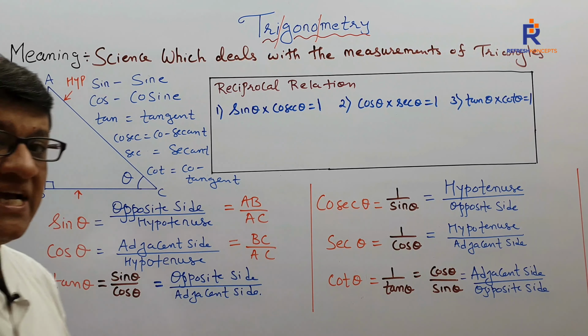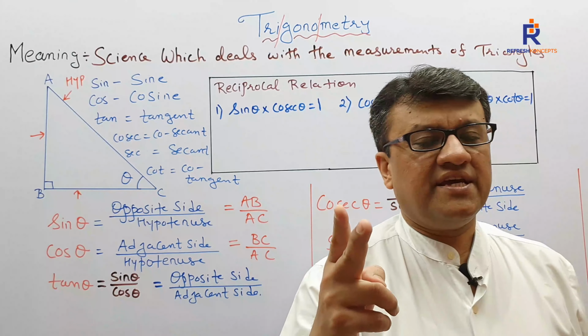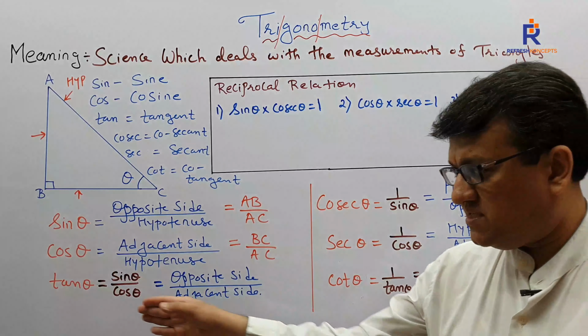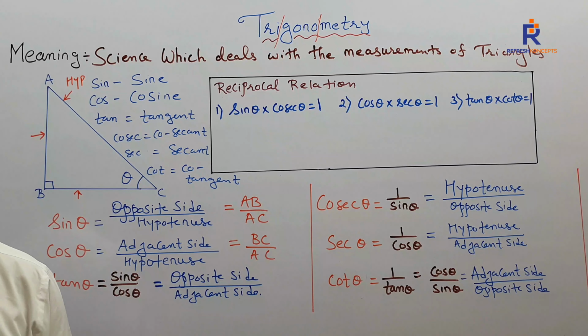So what is the definition of sine? Sine is opposite upon hypotenuse. Cos is adjacent upon hypotenuse, right? Now comes tan, and you can see there are different markers being used from my side. A couple of minutes back I said that for me trigonometry is comprised of two main ratios, these two ratios, children.